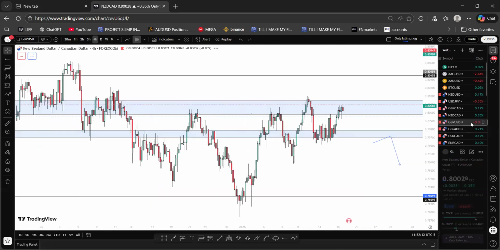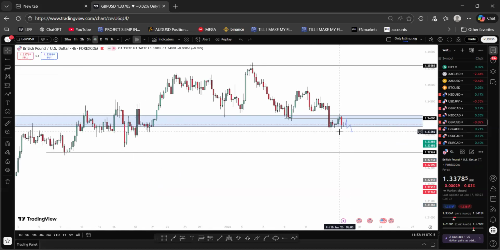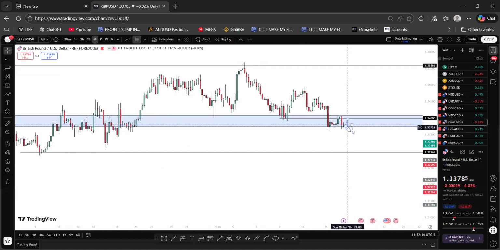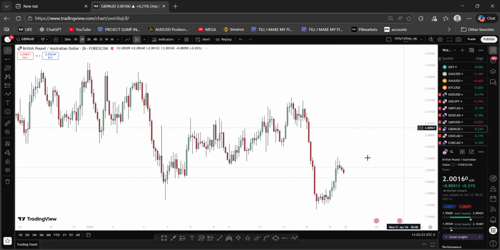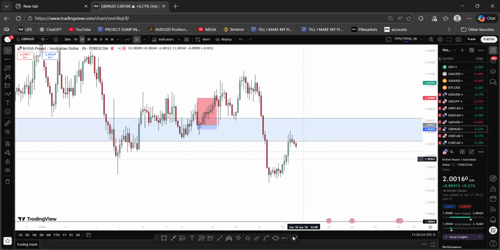Then GBP USD, expecting for a possible head and shoulder pattern as well on the 2 hour time frame. Then I can sell. And GPAUD, same thing, just need a bit of price action, price to have a deeper pullback in here, then I can sell.